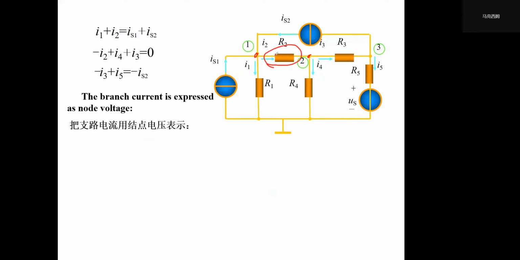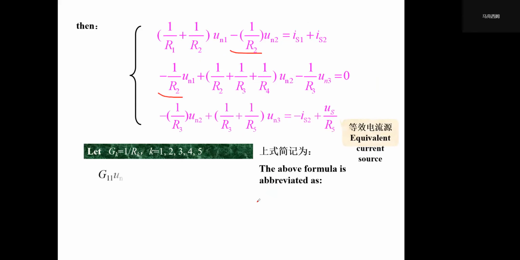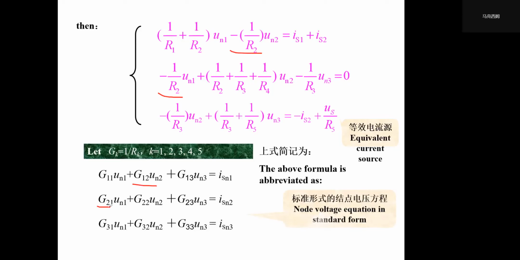The reciprocal of R2 is the conductance between them. We call it G12, and we also call it G21, so they are identical.